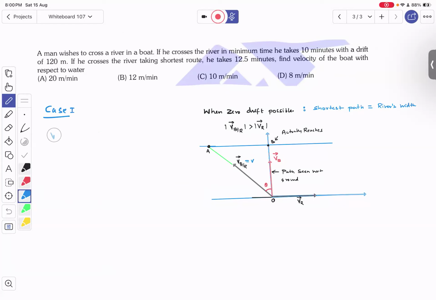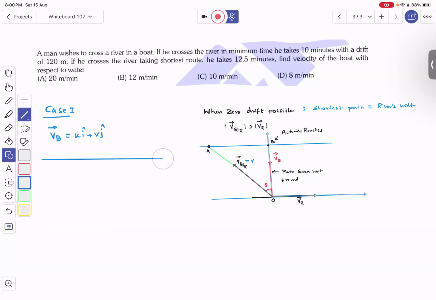So in this case, VB is going to be equal to UI cap plus VJ cap, where U is given to us. U is not given. In this case, drift is given to us. So maybe I'll draw a picture for this case also.